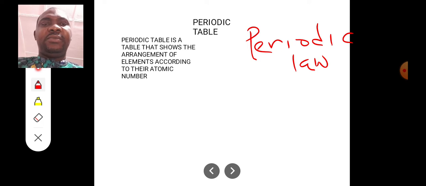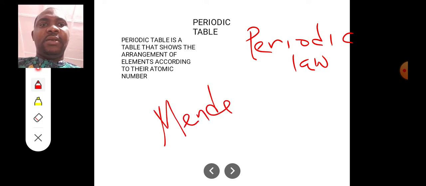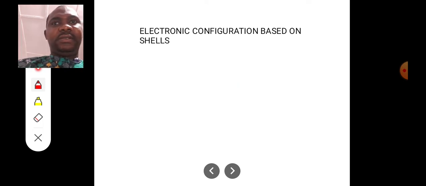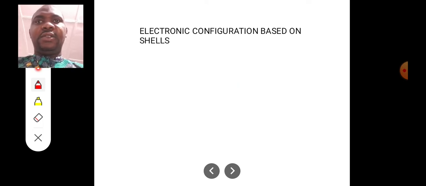Atomic number. And let's not forget that a Russian scientist is the one that constructed the periodic table that we follow. His name is Mendeleev, M-E-N-D-E-L-E-E-V.